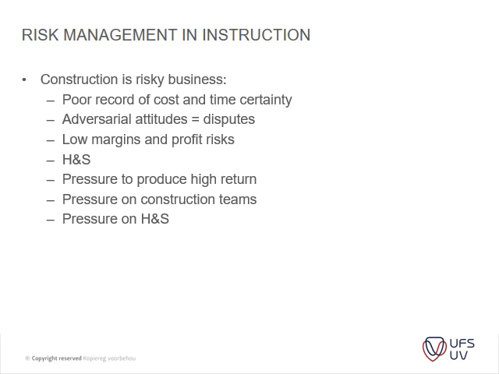The construction industry is a very risky business. Usually there's a poor record of cost and time certainty. Adversarial attitudes and disputes may arise often, and there are low margins and profit risks that we are exposed to.